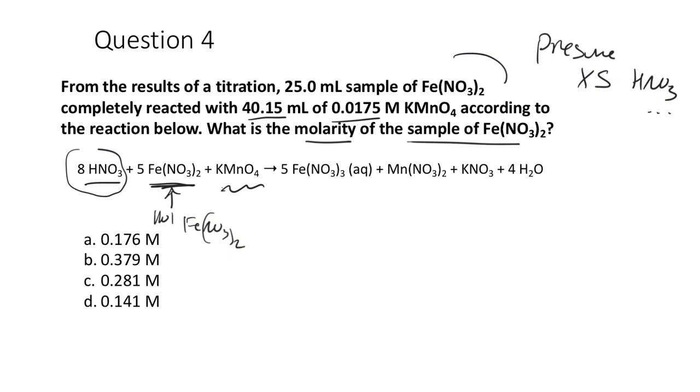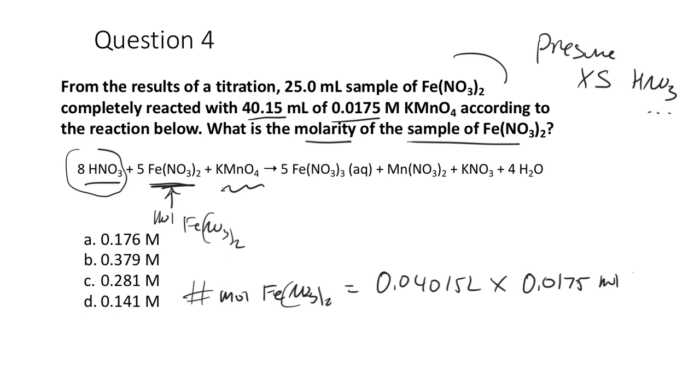And so the way I can solve this problem is let's try to figure out the number of moles of Fe(NO3)2 that had to initially be present from the fact that we had to add 0.04015 liters of 0.0175 moles of KMnO4 per liter of that solution.